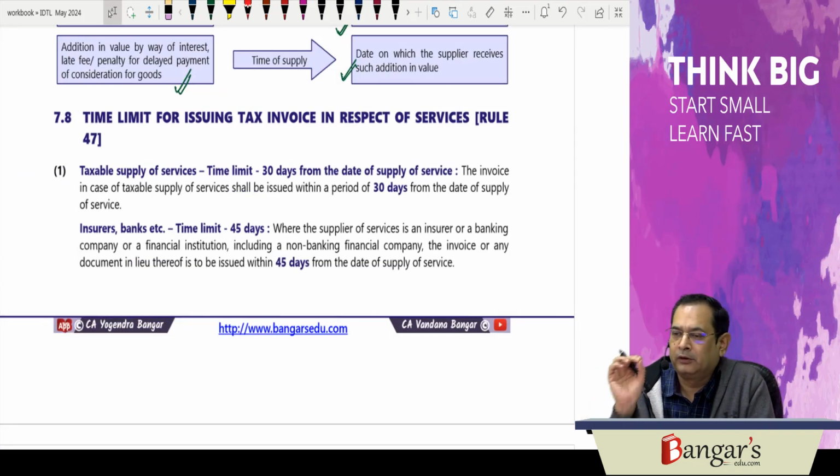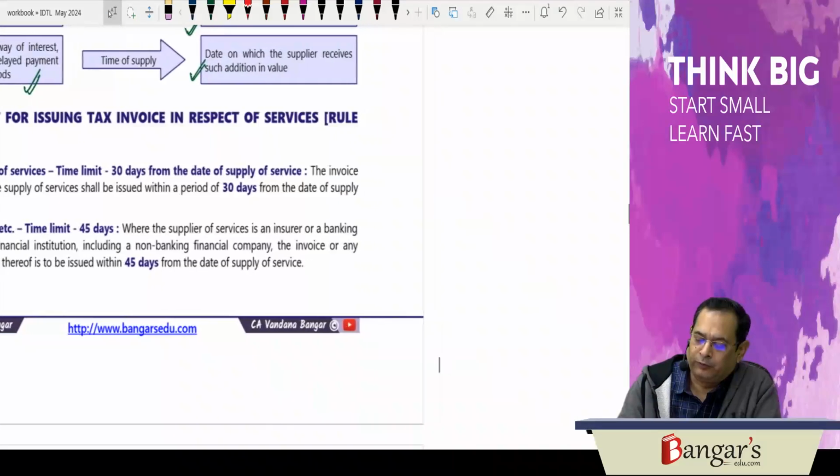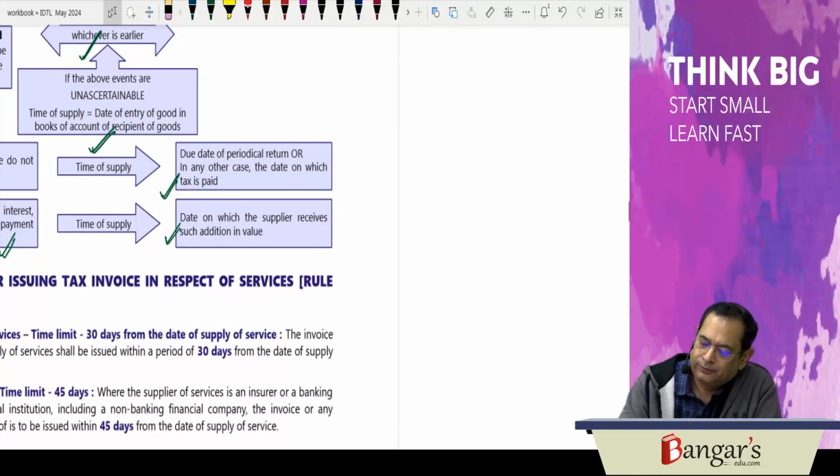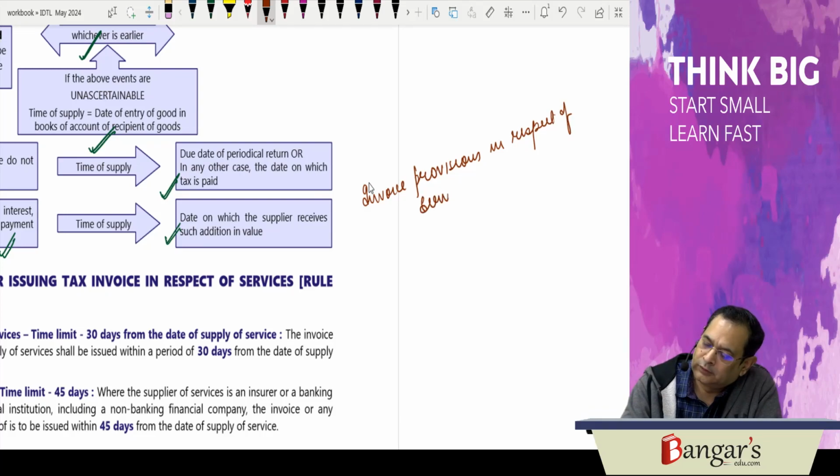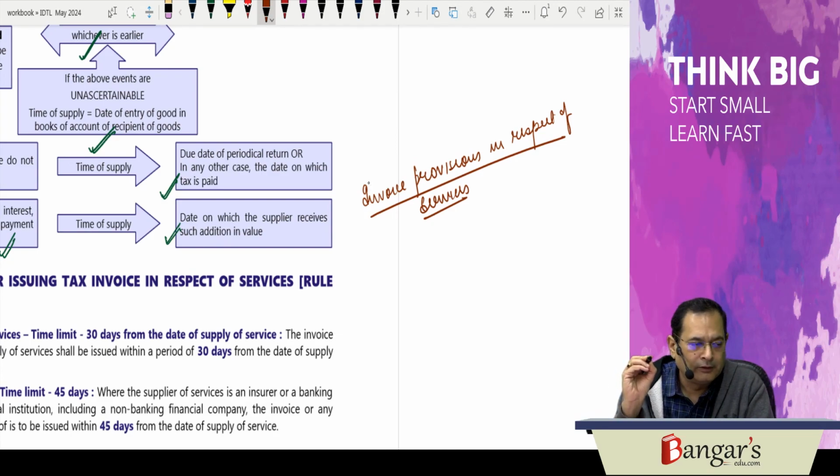For this determination of time of supply of services, first of all we have to determine the time limit for issuance of invoice. What are the invoice provisions in respect of services?